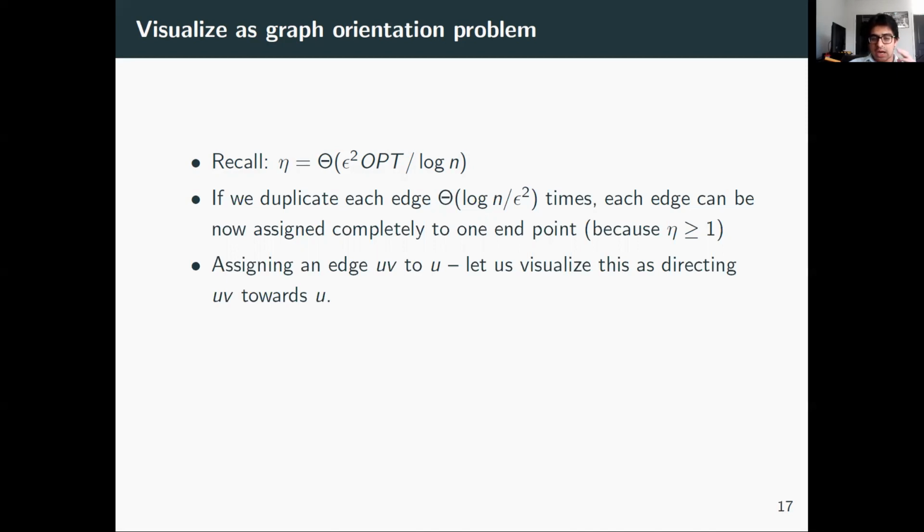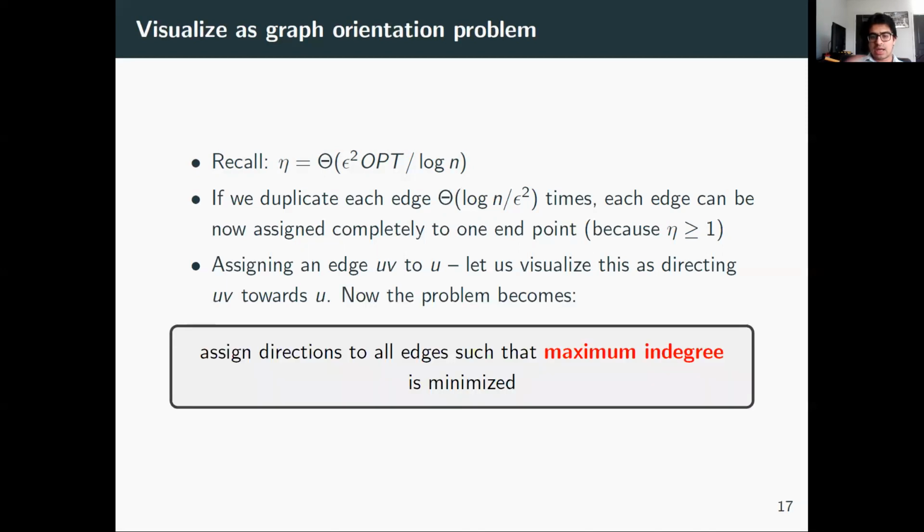All right. And once we can assign an edge completely to one side or the other, we can visualize it as giving a direction to the edge. So assigning an edge uv towards u, we visualize as giving a direction towards u. And now the same problem becomes: assign directions to each edge such that the maximum in-degree is minimized.